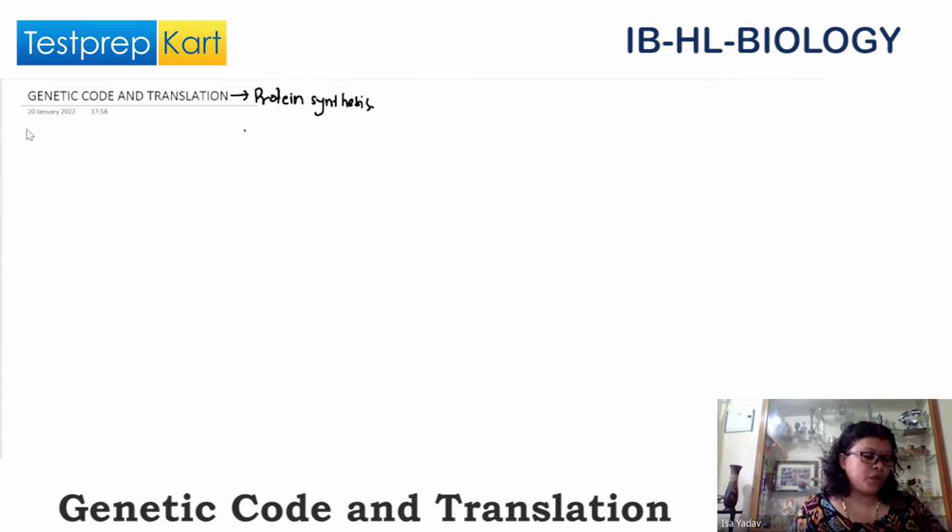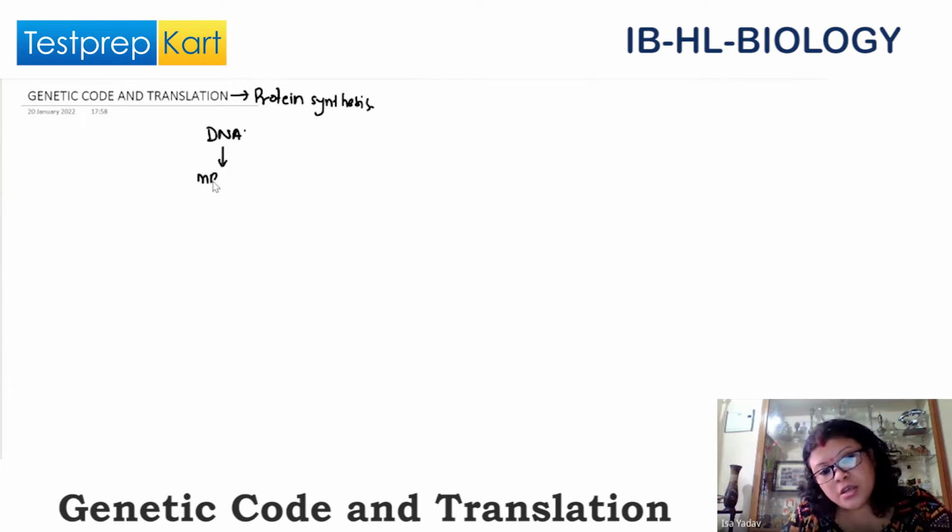Now, we need to understand here that from DNA we get mRNA. mRNA is messenger RNA. Whatever the information is in the form of a code in DNA, that is transferred to the mRNA, and it is stored in the form of what we call triplet codons.